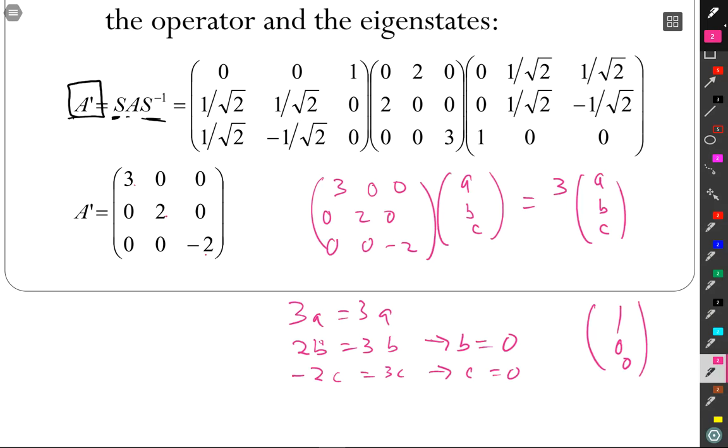Wait, but you had to go through and actually find the eigenstate before you could do the transform, yeah. So I don't understand. Would we just have to do one or the other? Because I went through all of that base work to get to A prime where your eigenvalues are the trace elements, and then you could do the transform and find your eigenstates. Yeah. But are we going to be doing the transform to find the eigenstates, or are we going to be finding the eigenstates through using all the math that came before?